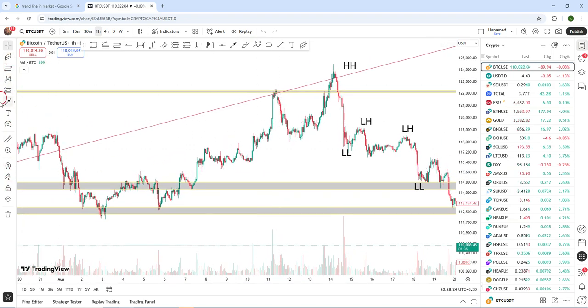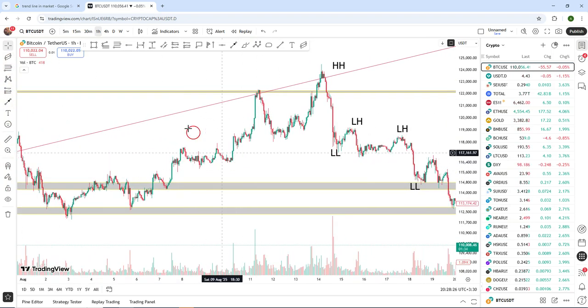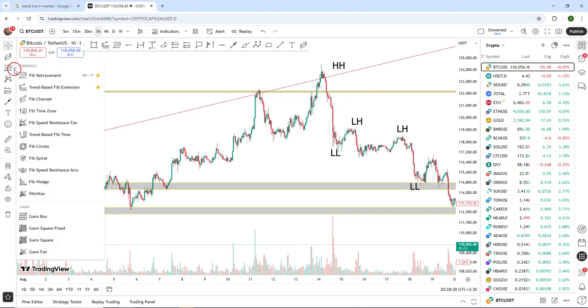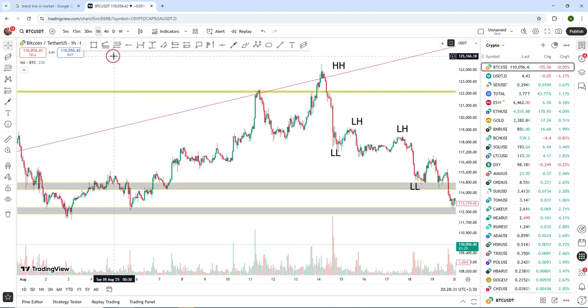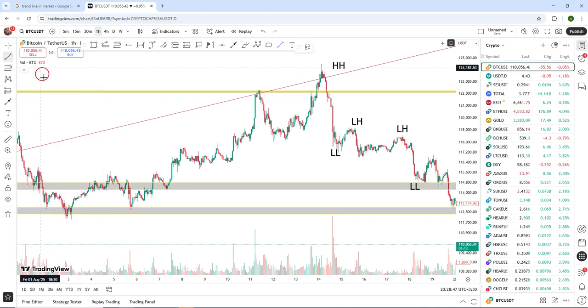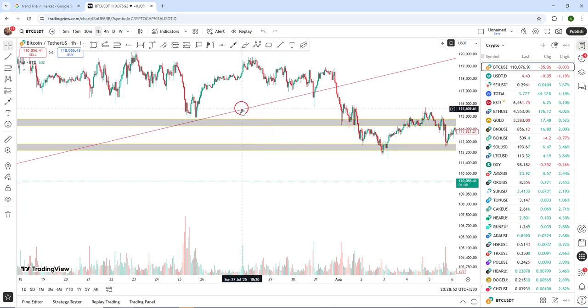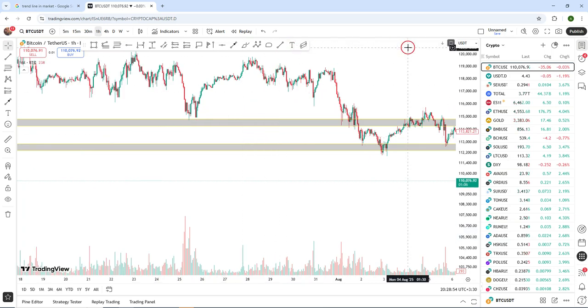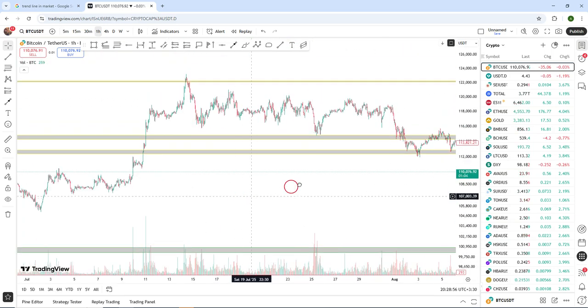For now, I'll just explain the trend line, and in the other video I will explain all of these tools that are here on the left side. You can click on these tools. Let me delete this trend line to show you.